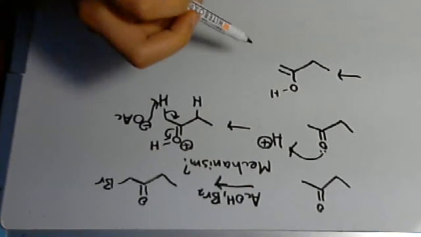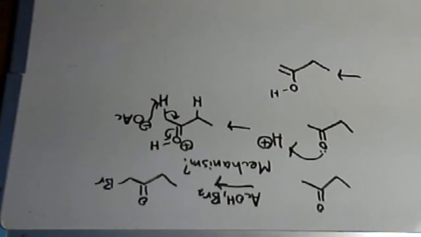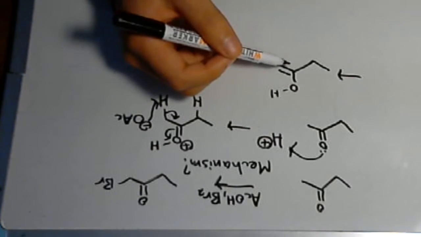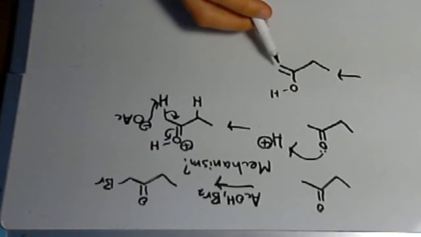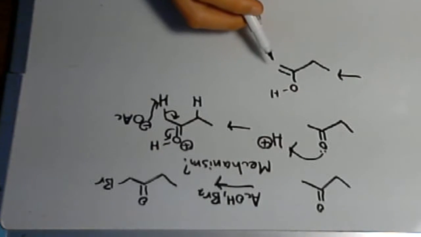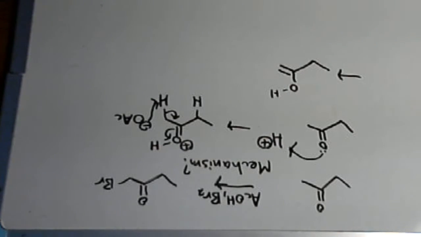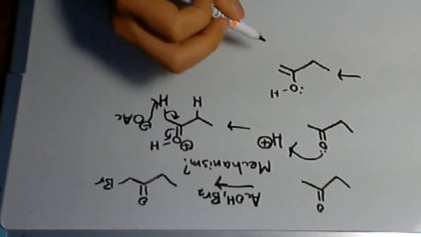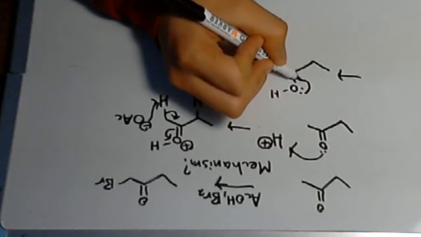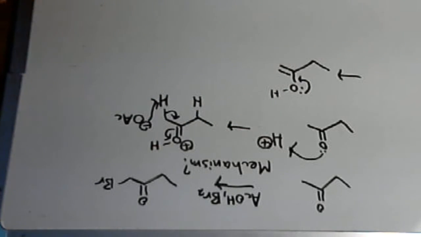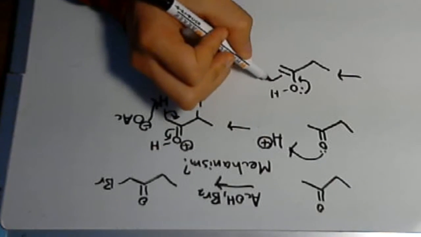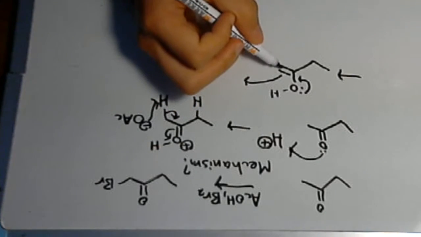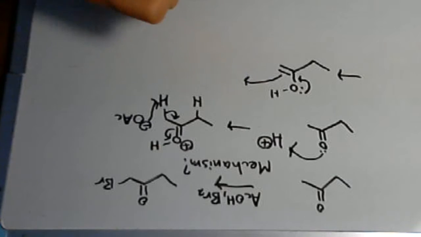And we know enols, well, first of all, if we have an alkene, we know in alkenes, the double bond can act as a nucleophile. Well, in an enol, that's even more so, because this oxygen can push down these electrons, creating a carbonyl, which is more stable, and it can therefore push out these electrons, and it's going to be even more nucleophilic than an alkene.